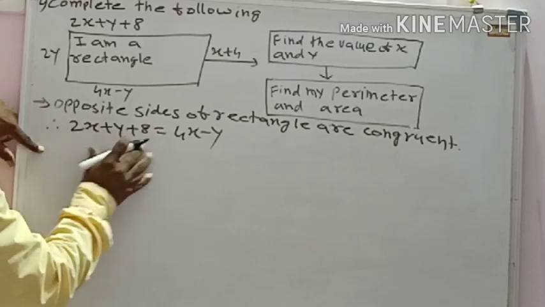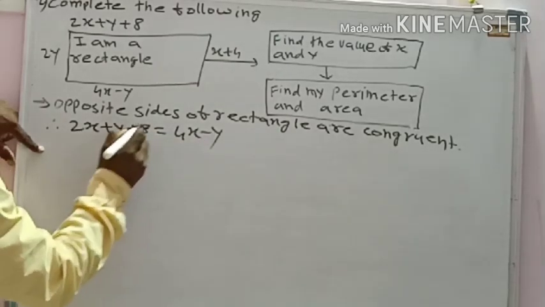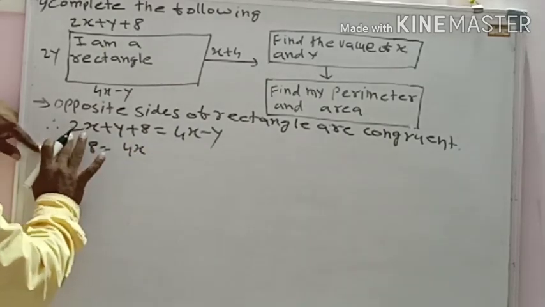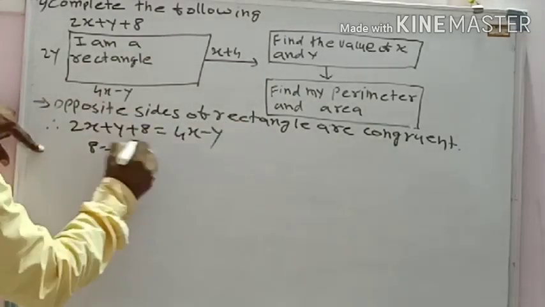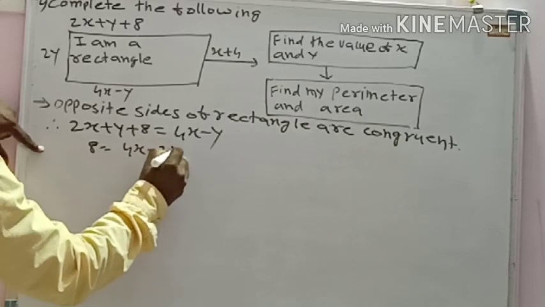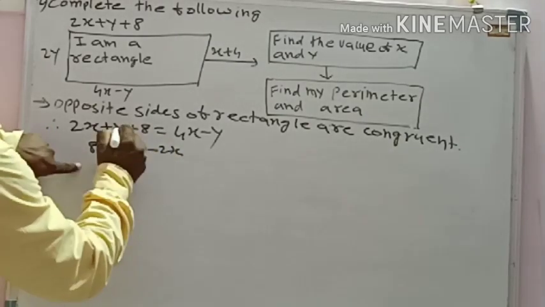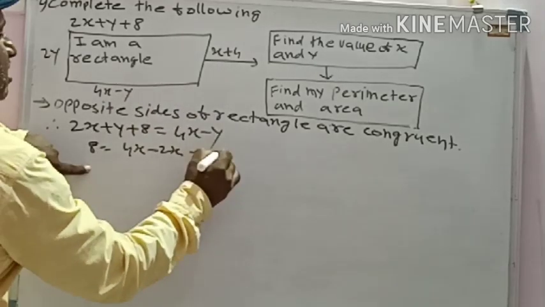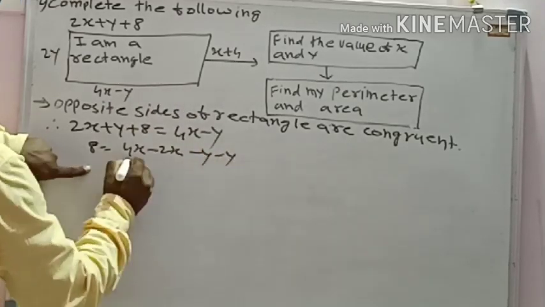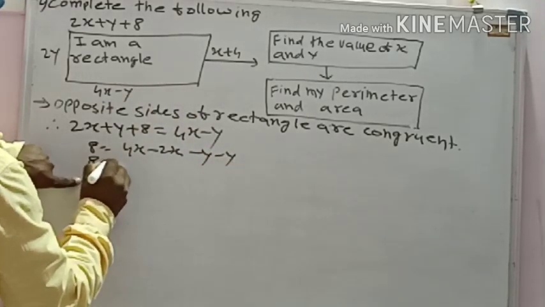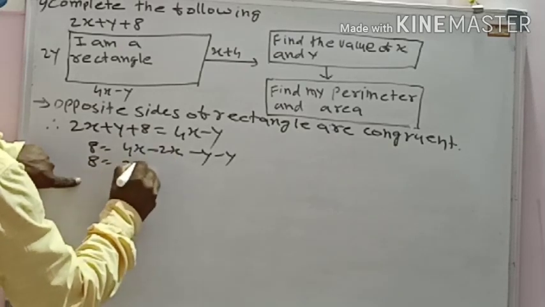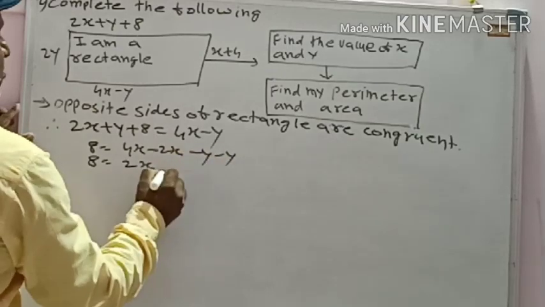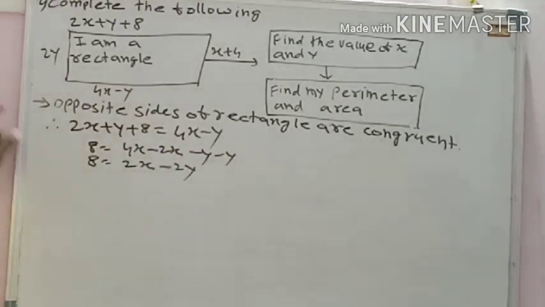Now we take both these to one side. The 8 goes to the right as minus 8, 2x goes to the right as minus 2x, and plus y goes to the right as minus y. So, 4x minus 2x, and minus y minus 2y.